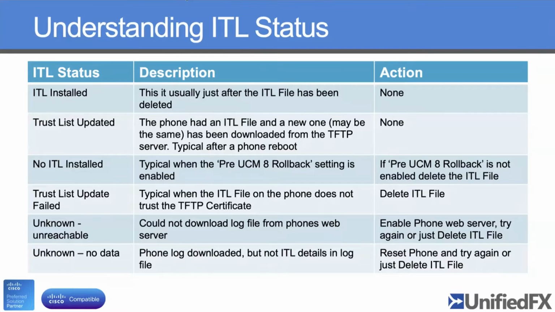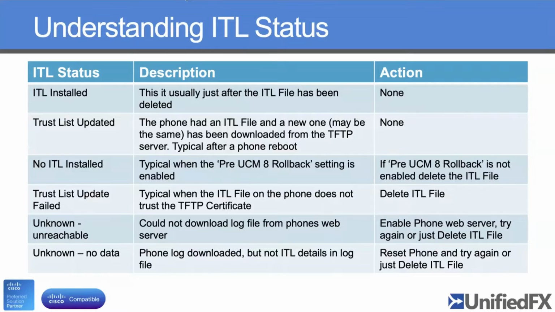So the two positive scenarios are ITL installed or trustless updated. That means you've got a properly installed ITL file, or that the phone has been rebooted at some point and picked up a fresh and valid ITL file. So those are the first two rows. If they're all good, then nothing needs to happen. Your phones are healthy and good to go.